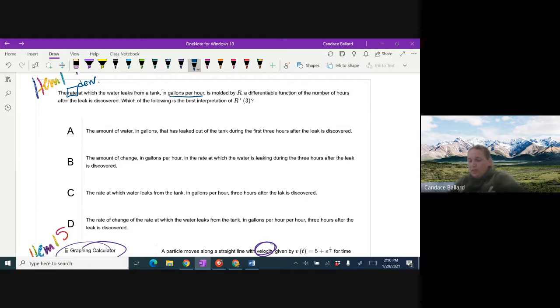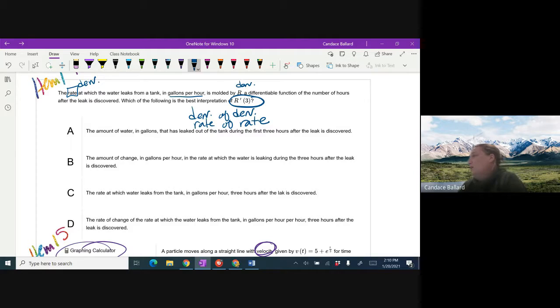So it says, which of the following is the best interpretation of R prime? If R is already the derivative, we are finding the derivative of the derivative, meaning we have a rate and we're finding another rate. So we need a rate of rate. Or let's think about the label.